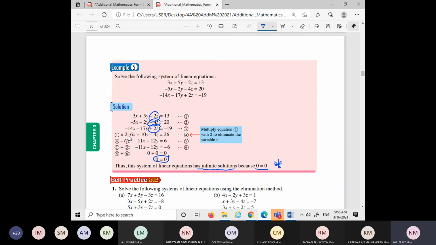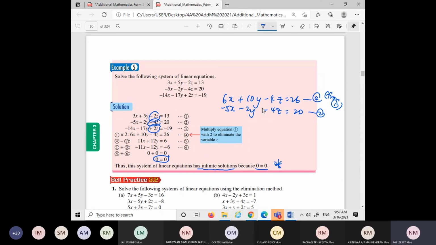Okay, so they do first equation times 2. So this is what you get. And then the fourth equation means the new equation, from the first equation, minus the second equation.